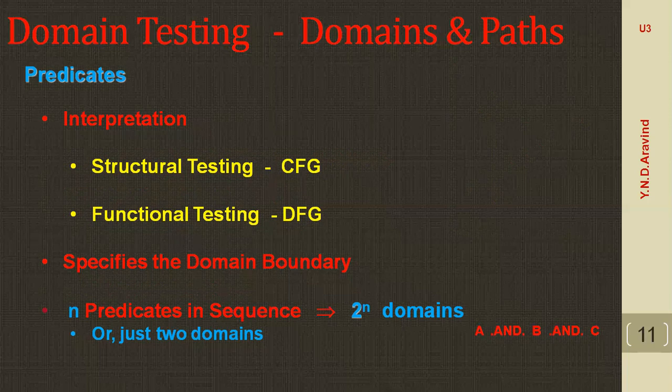Conversely, if domain testing is applied to the specifications, then interpretation is based on the specification data flow graph for that particular routine. But usually, as is the nature of the specification, no interpretation is needed because the domains are specified directly.